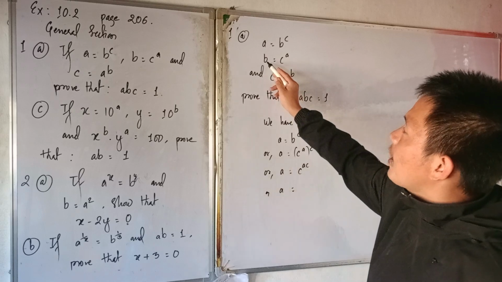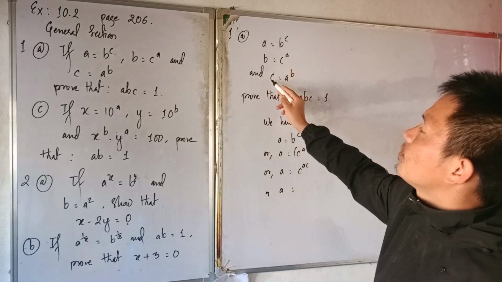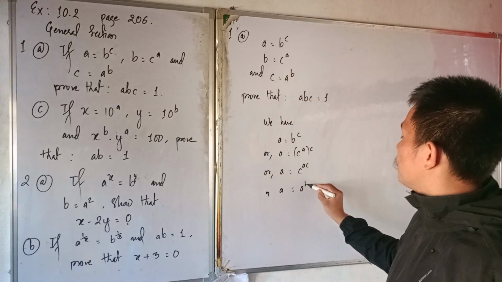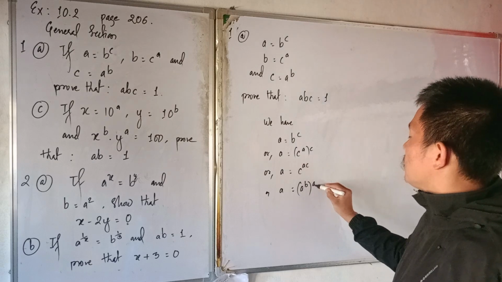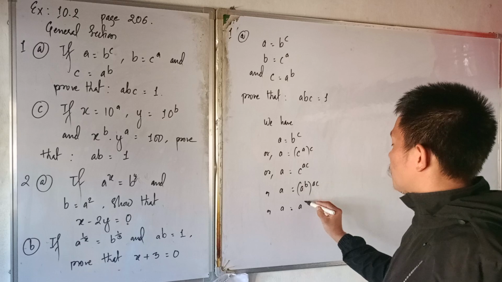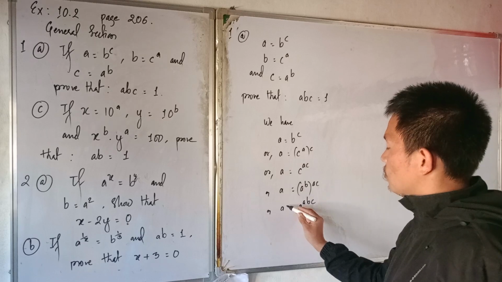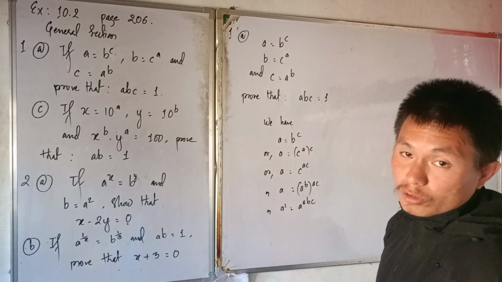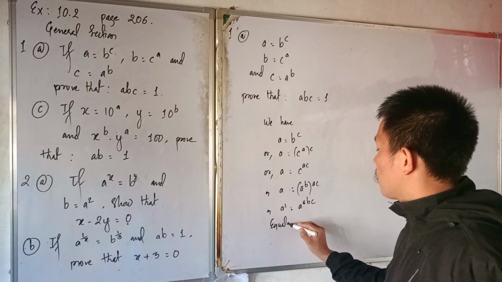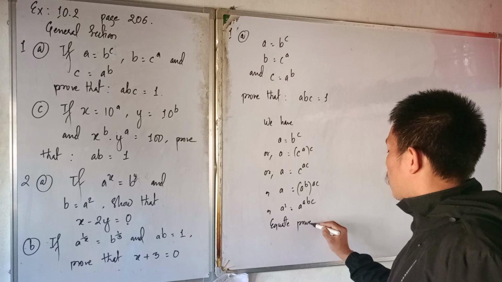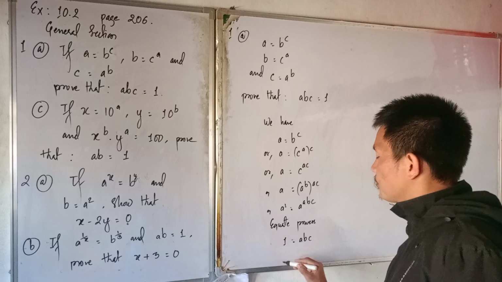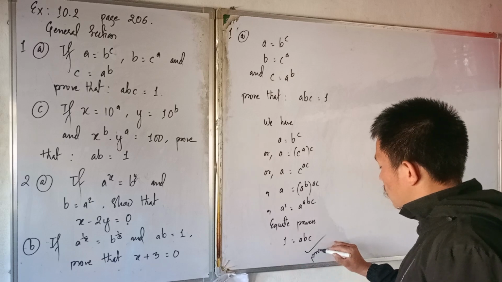Now just like we replaced b by c power a, replace this c by a power b. We have ac already here. So a is equal to a power abc. Nothing here, power means there is always one. Having the same base, you can equate powers. You will get 1 is equal to abc, which is proved.